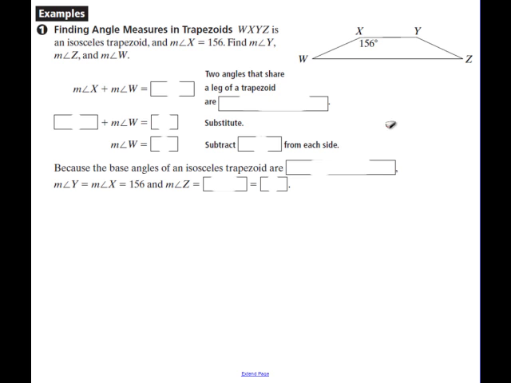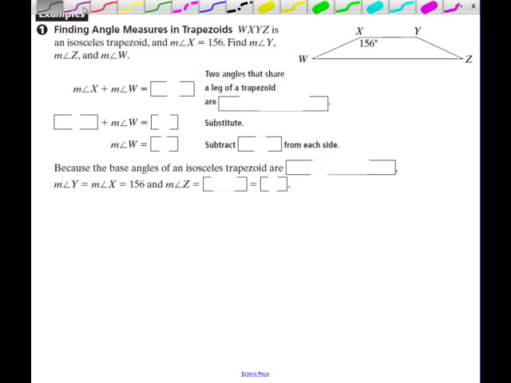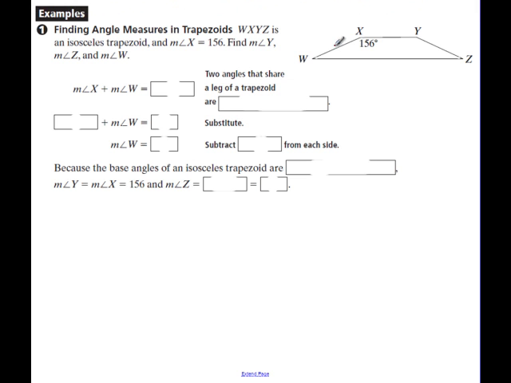So we can make some conclusions about that. We know that if it's isosceles, we can indicate that this side is going to be congruent to that side, right? Based on our definition of an isosceles trapezoid.